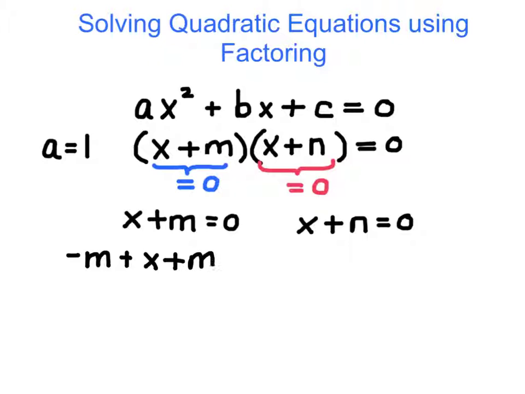Then a negative m and a positive m cancel out, and we have that x is equal to negative m.